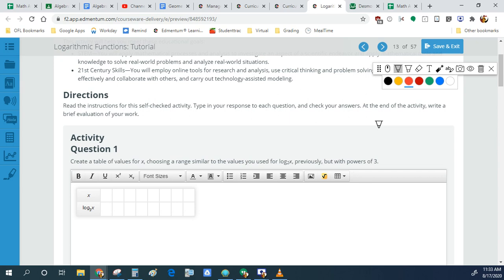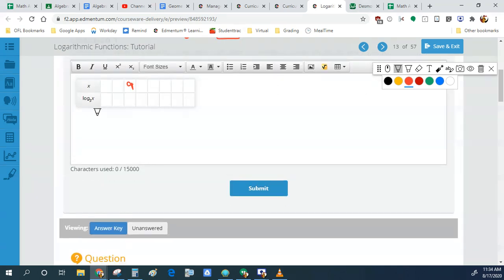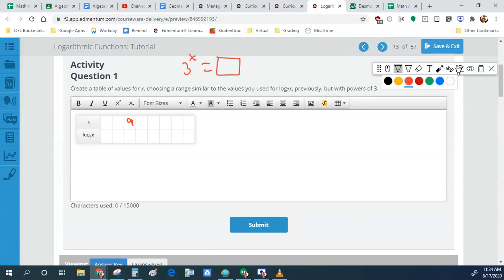So in other words, I'm gonna do something like, 3 to the x power gives me what number? So if I put in, let's say, 9 here, for example, the answer is going to be, wait, which way do they want us to do this? Log is this. Oh, my bad.